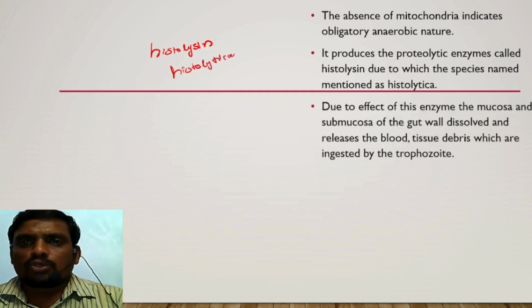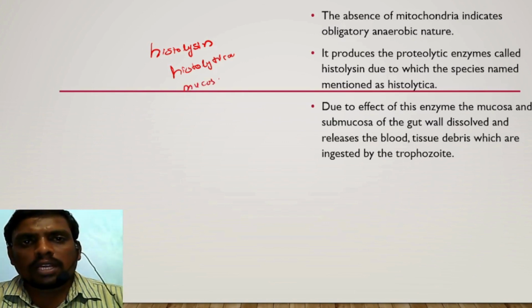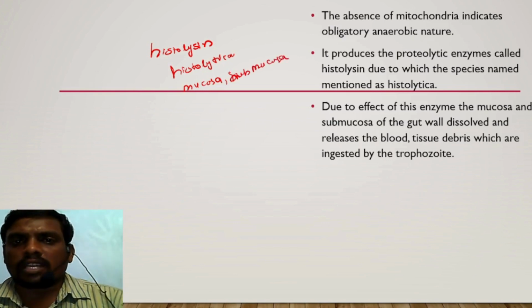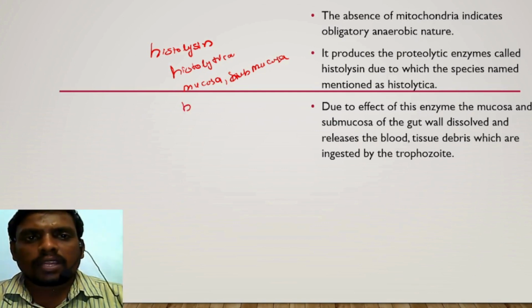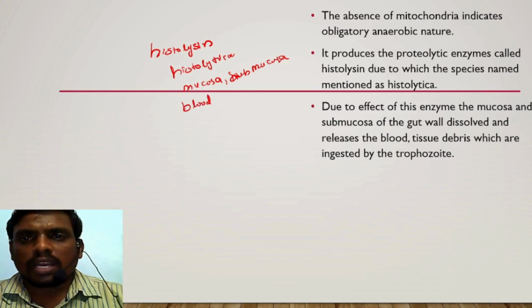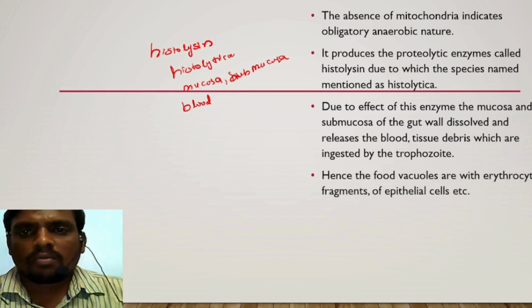Now, due to the effect of this enzyme, the mucosa and submucosa layers of the large intestine dissolve and release blood and tissue debris, which are ingested by the trophozoites.